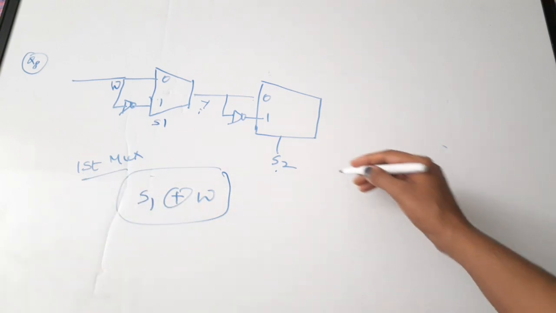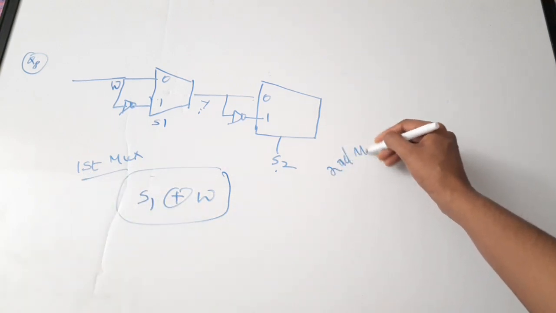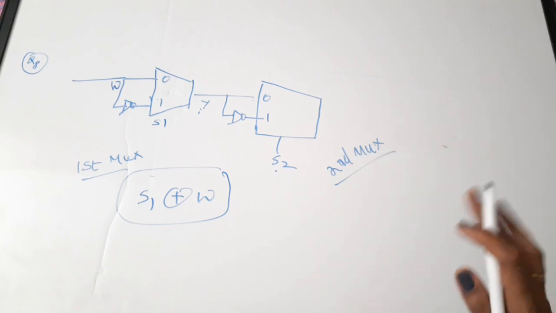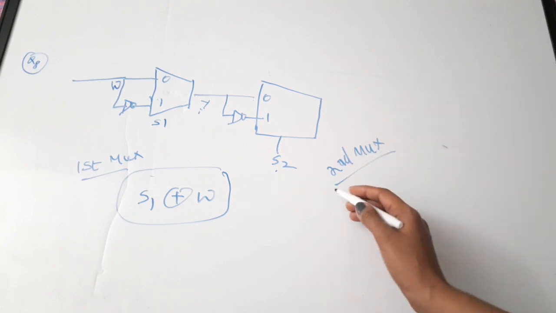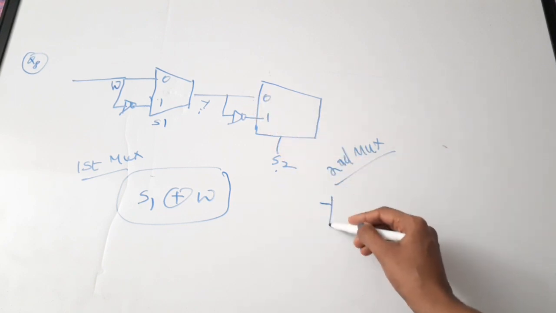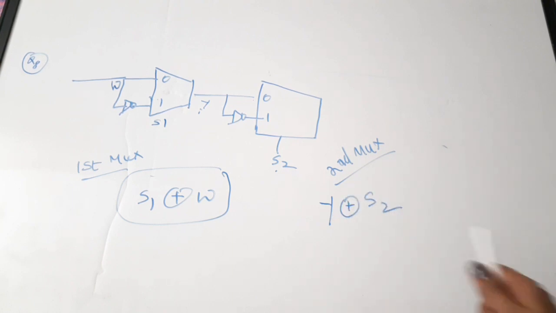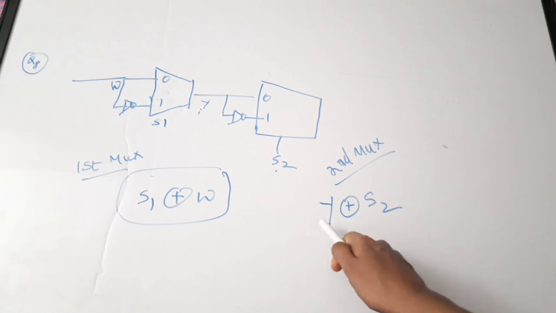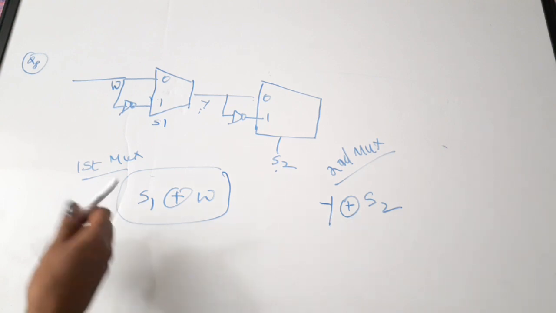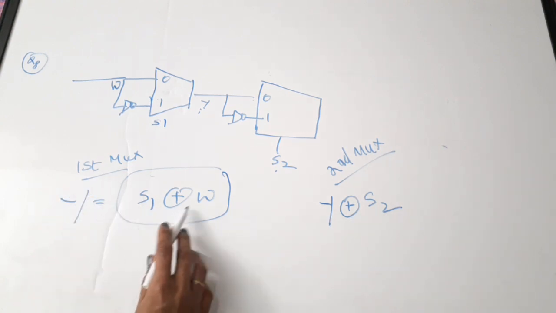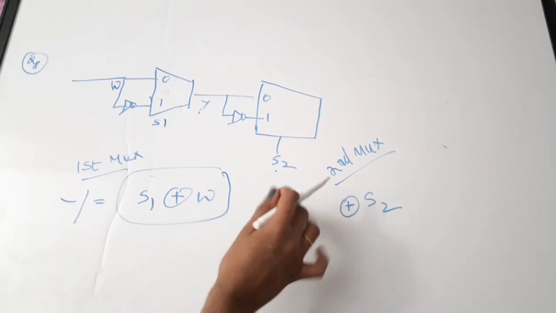For the second mux, same operation as the first mux. See the connections. But here the variable is Y. Y XOR S2, right? That is the output expression for the second mux. Now what is Y? Y, we have written it here. Y is nothing but S1 XOR W. So just replace it.